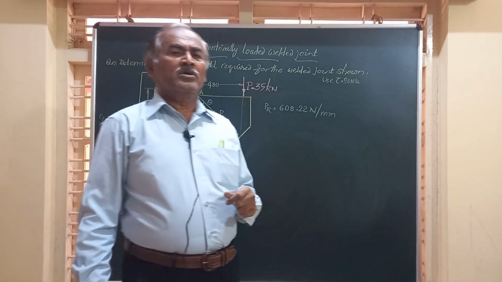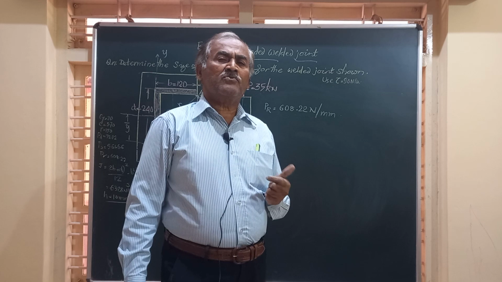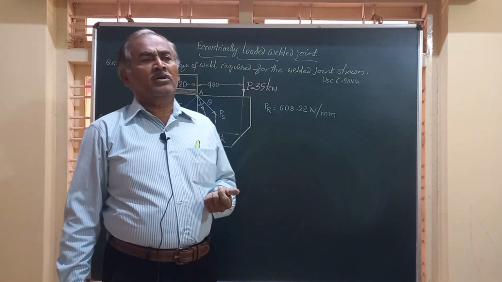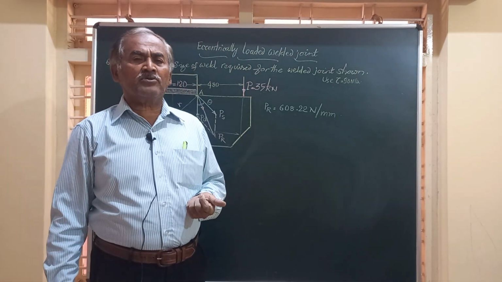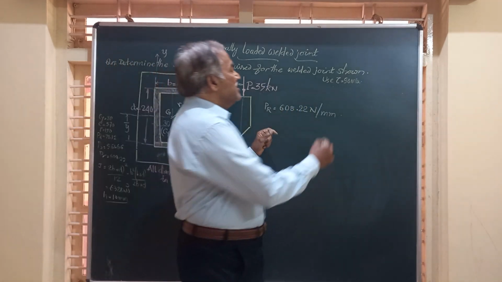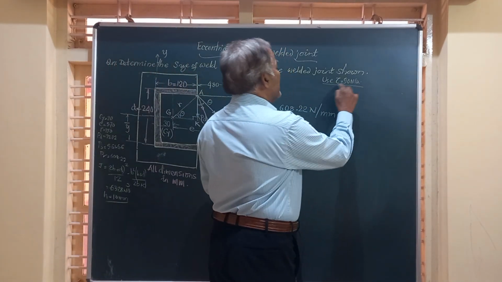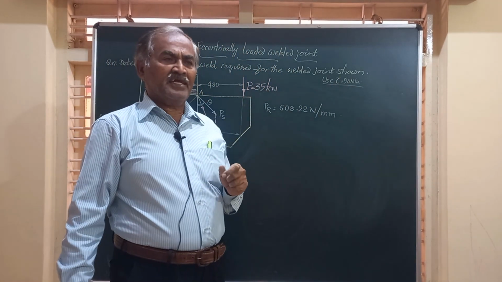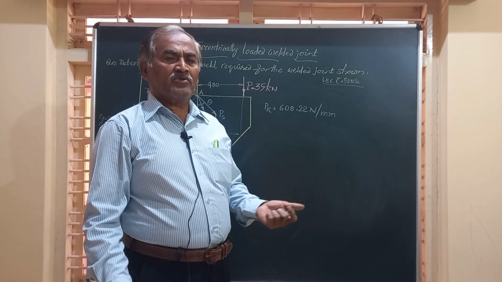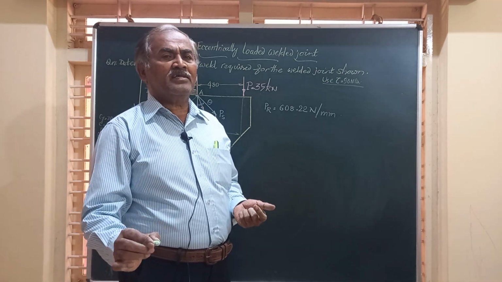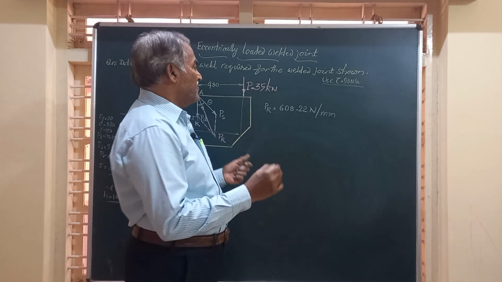So you have calculated up to finding out the resultant load. And friends, once you have the resultant load, the permissible shear stress for the weld material is given to you as 90, and we are required to find out finally the size of weld.